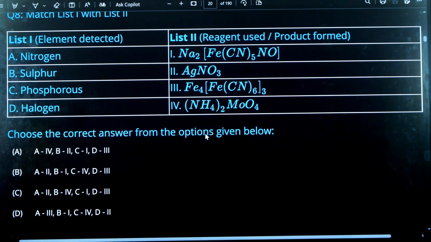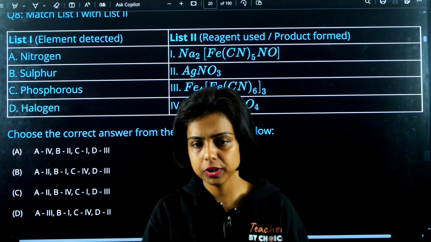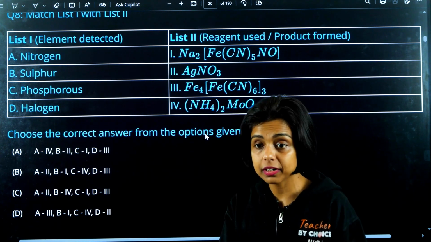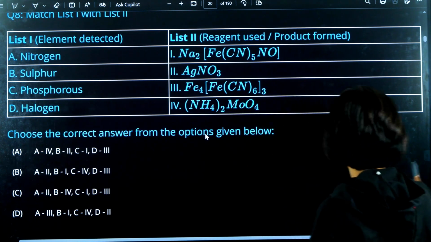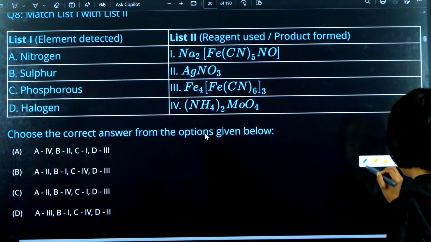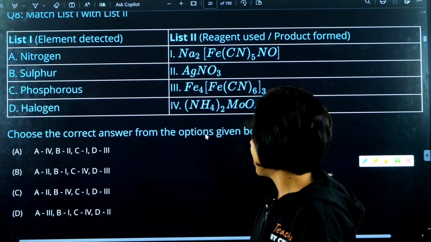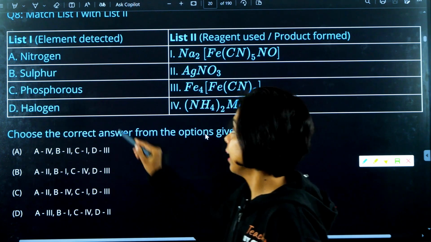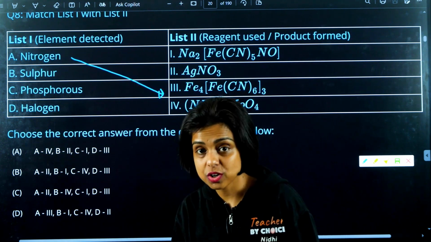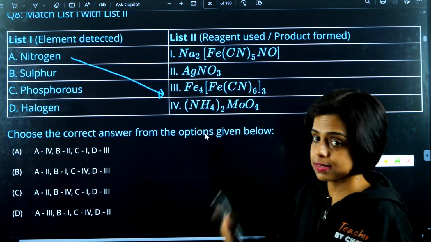Next, the detection test. You can say this is based on qualitative analysis or practical organic chemistry. Okay, so this is there in your NCERT also. Very important test given in your NCERT also. So guys, the presence of nitrogen can be detected by using a soda extract or Lassaigne's extract and then making it react to form a blue colored complex, right?